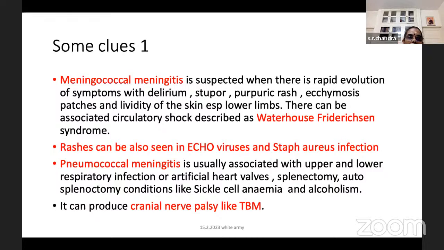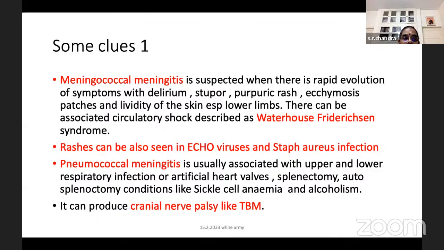So now we have asked some questions. What are all the clues? Even though all these clues will not always be useful. Supposing your patient's acute meningitis is bacterial due to meningococcal meningitis. Then there is a rapid evolution of symptoms with delirium, stupor, purpuric rash, ecchymotic patches, and livedo reticularis.